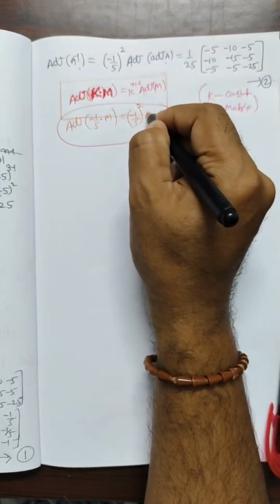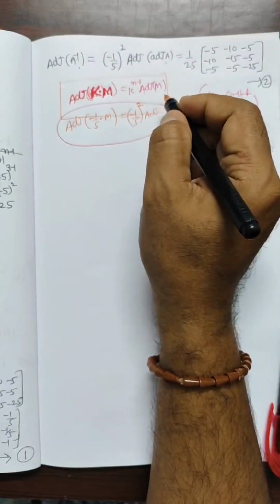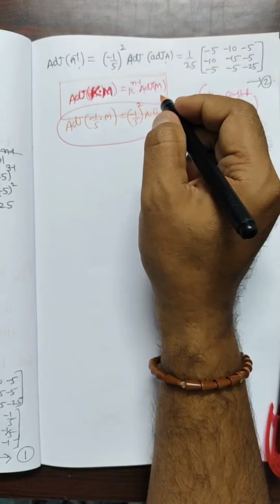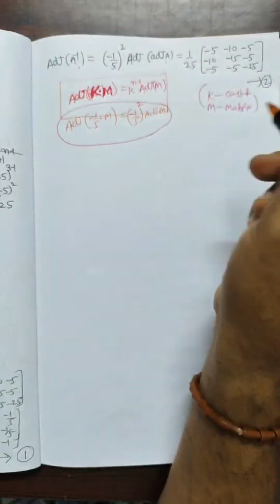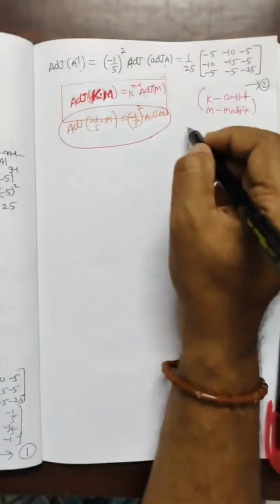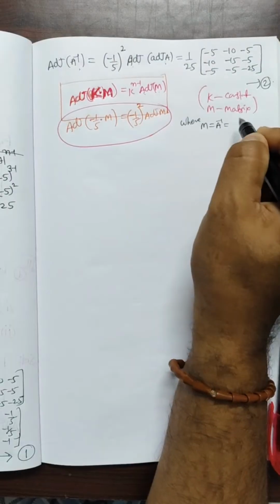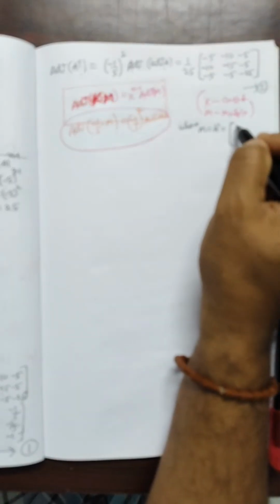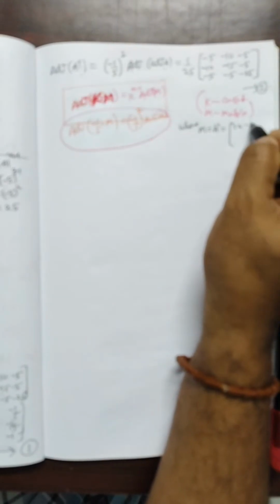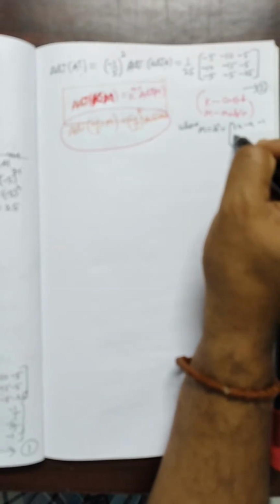Next, adjoint of that M. According to the question, where M is equal to A inverse, students, that is 14 minus 9 minus 1, minus 9 4 1, minus 1 1 minus 1.